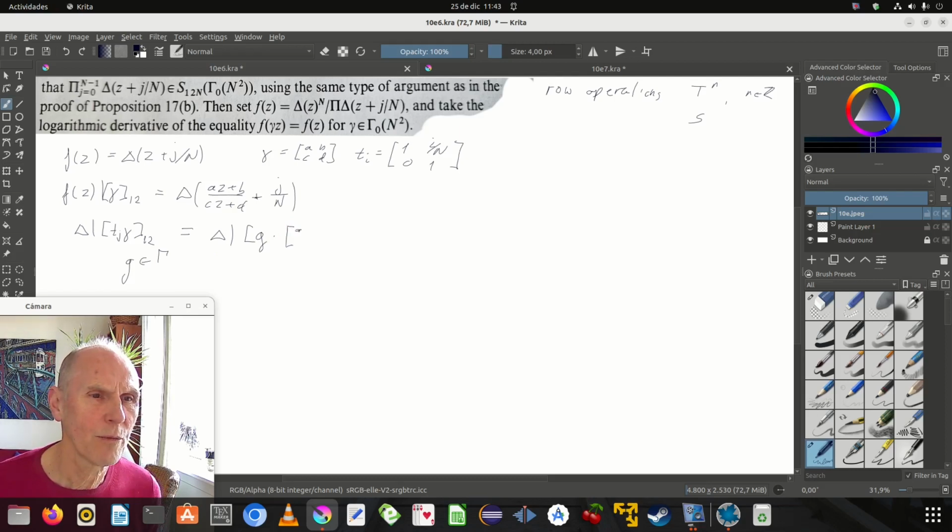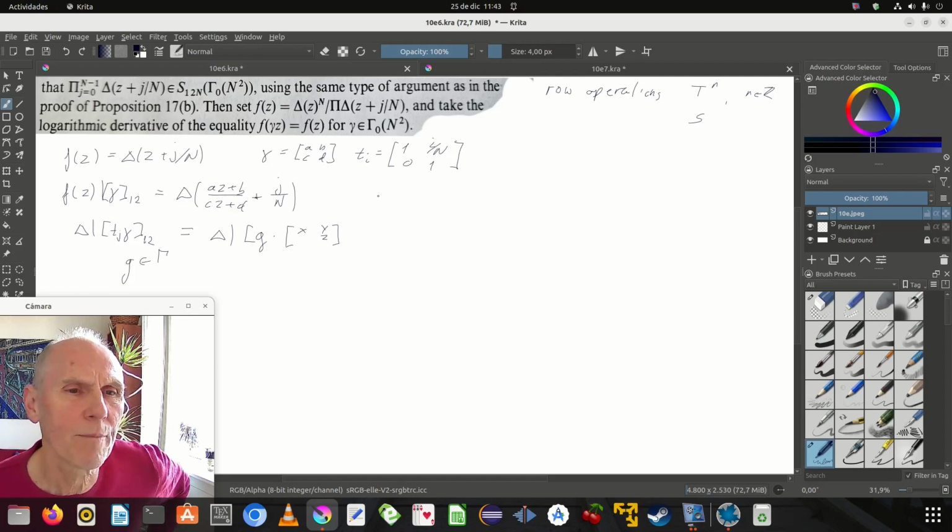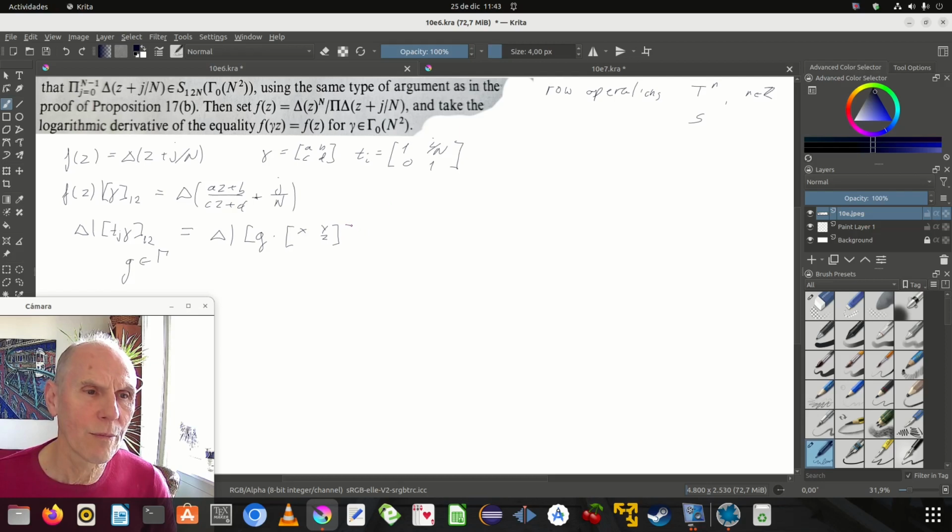of the form A, X, Y, Z, and delta is invariant with respect to G. And this is just a translation, and it has determinant n squared.